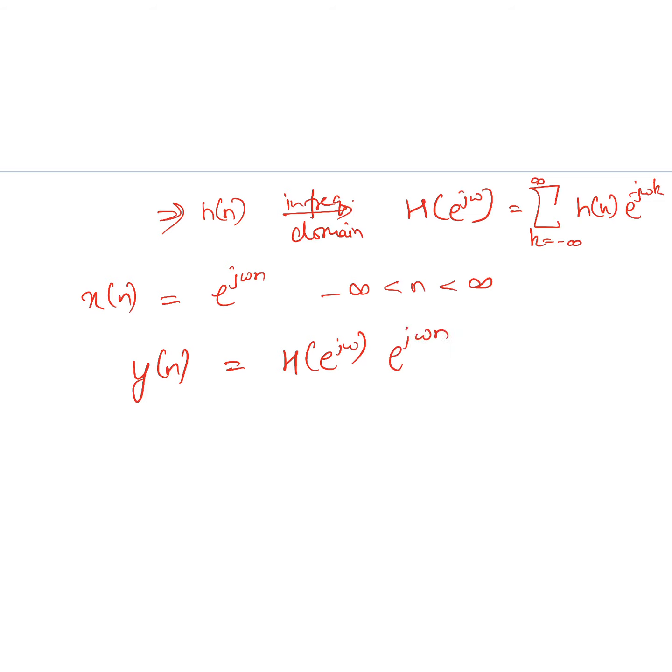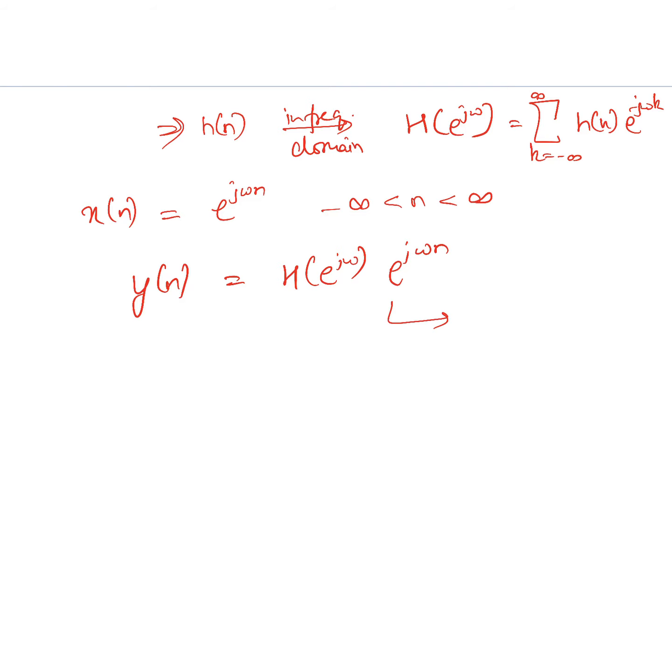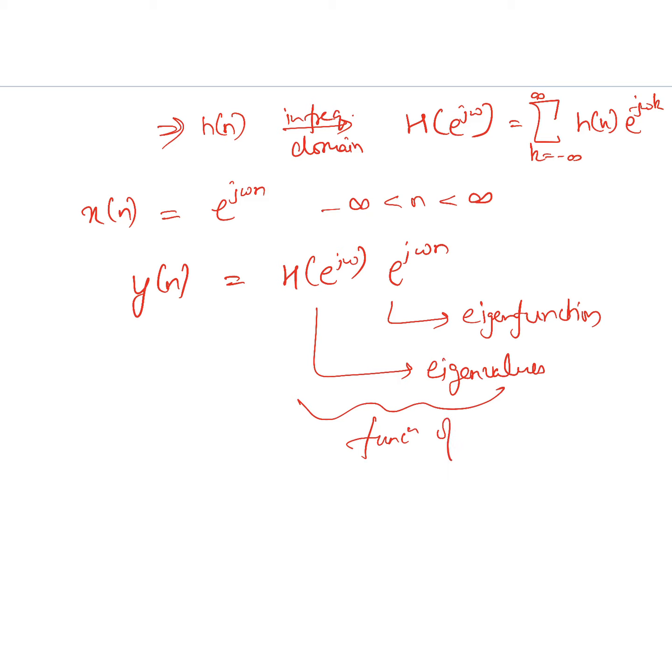Now if you see the analogy with the definition of eigenvalues and eigenfunctions, you will quickly notice that this is your eigenfunction and this represents your eigenvalue. Okay, and they both are of course functions of frequency.